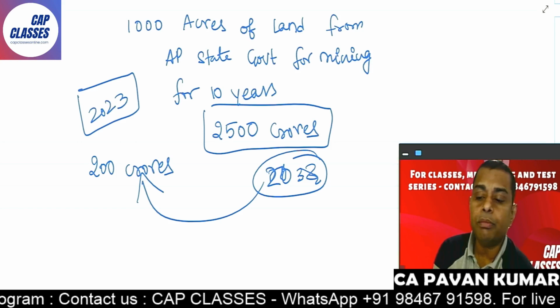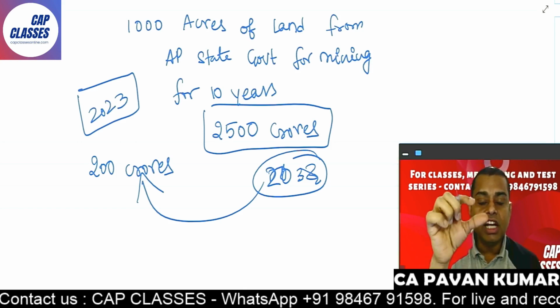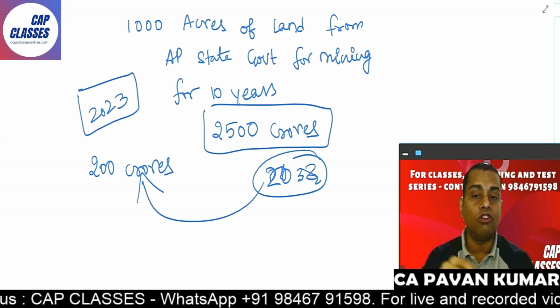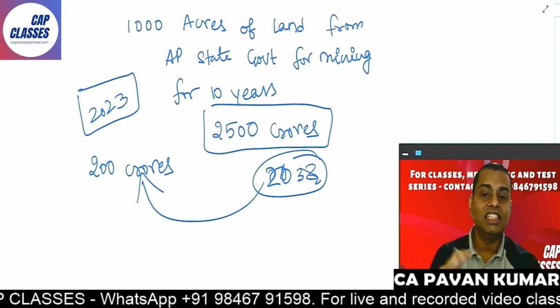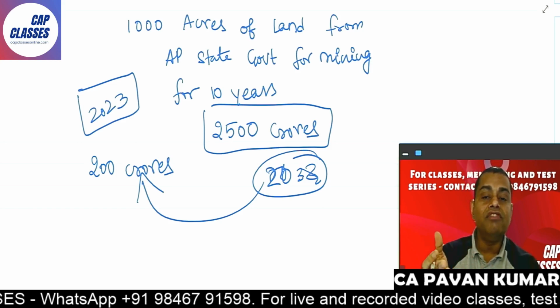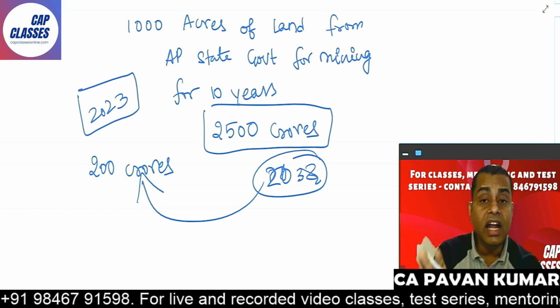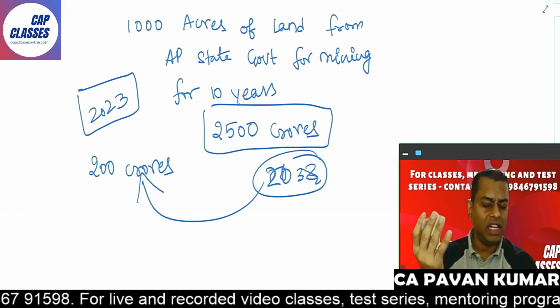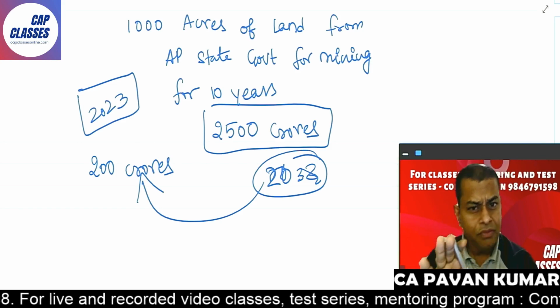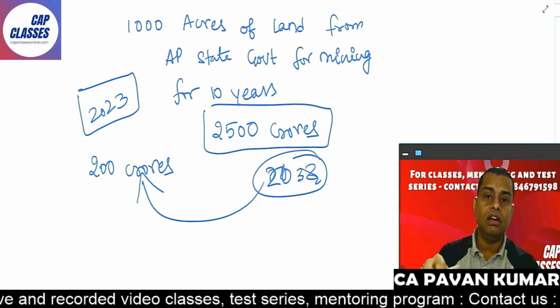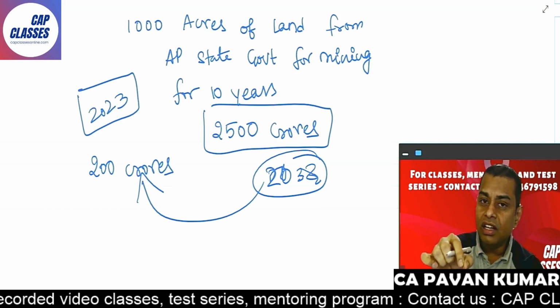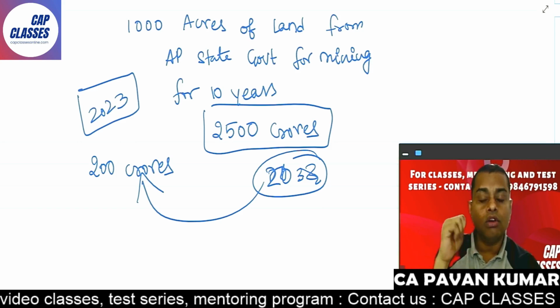So when you create a provision, what is the journal entry? P&L account debit to provision account. Wait, this is not a provision which you are creating for some purpose and charging to P&L. See, any provision is created for a specific purpose, that I know, but this provision is attached to this particular asset, no?